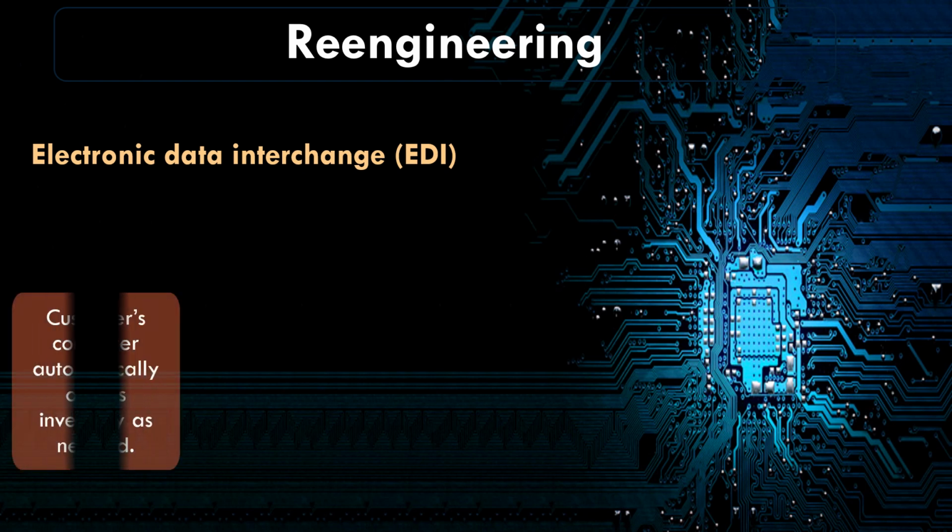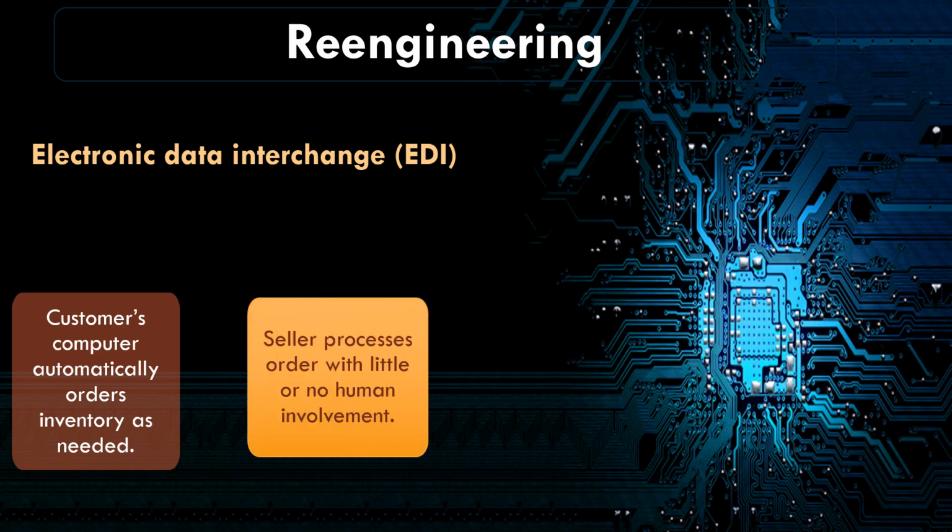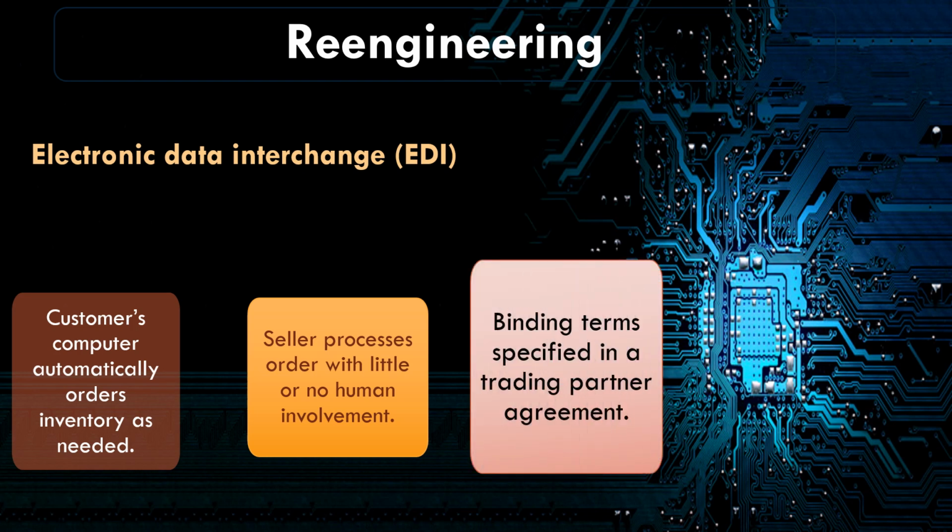For EDI, the customer's computer automatically orders inventory as needed. So if the company uses a point of sales system, it will order automatically if it's connected to EDI with the suppliers, and sales processes order with little or no human involvement through the supplier system or the company system.